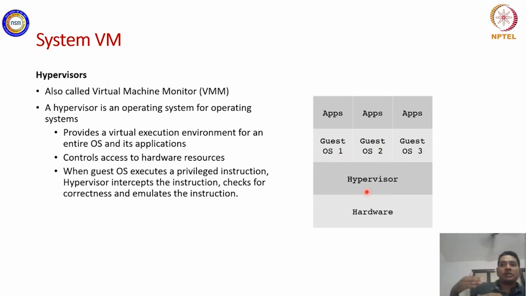The hypervisor gets booted up initially, and then OS 1, OS 2, and OS 3 get booted up. So the hypervisor is essentially providing the virtual execution environment for the entire OS and its applications, which will be running on top of it.